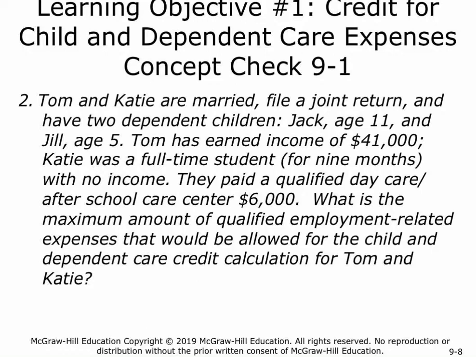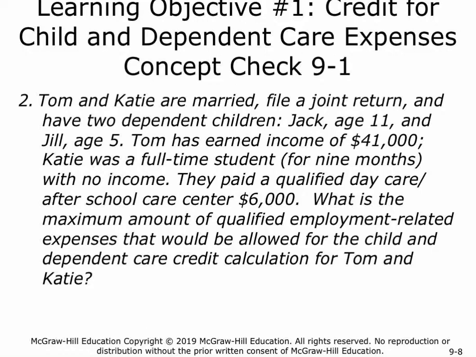So here they have 2 dependent children, so the cap on the expenses ordinarily would be $6,000. However, not both spouses are working full time, so we're going to use the lesser spouse to limit that. Here it's Katie. Katie does not have income, but we're able to attribute income to her because of two children, or two dependents rather.